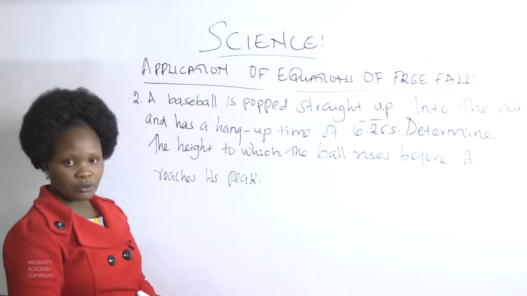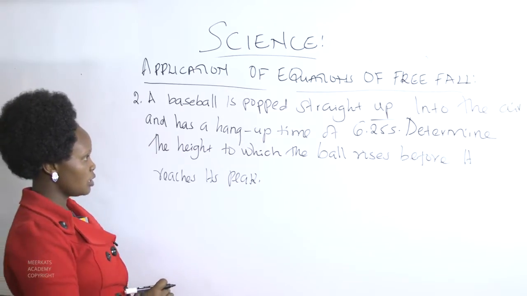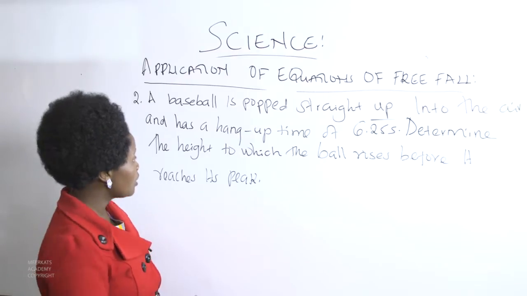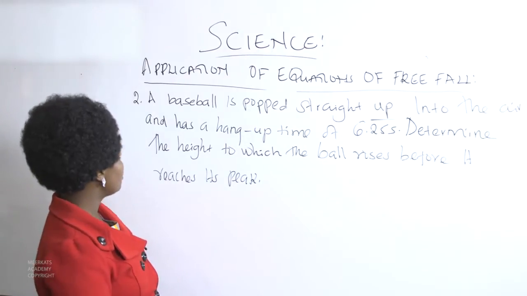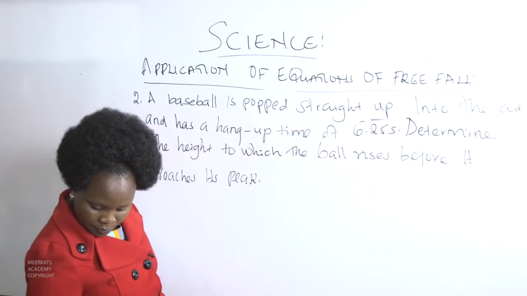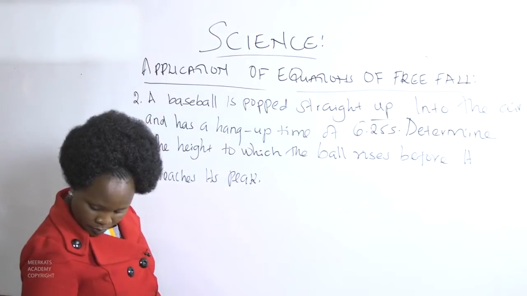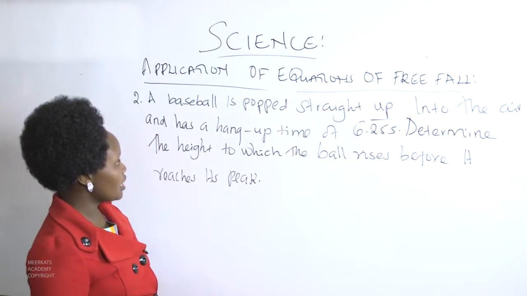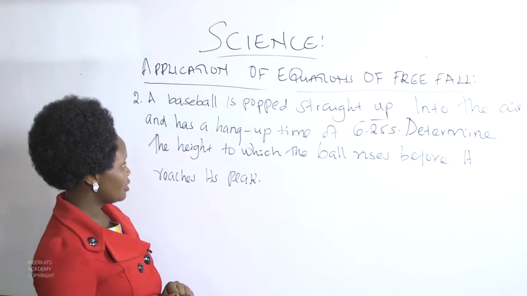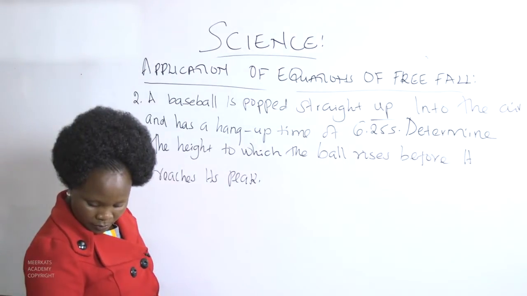Then the question requires us to determine the height to which the ball rises before it reaches its peak. We want to get the height to which the ball rises.